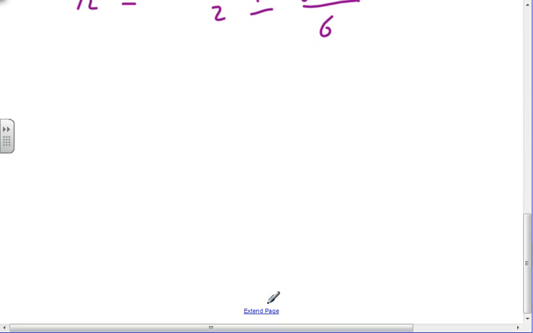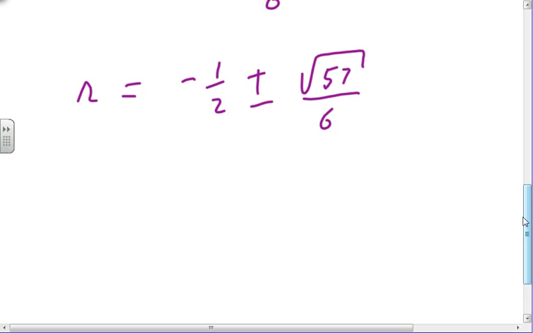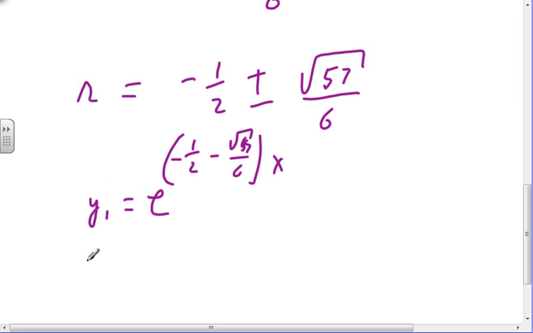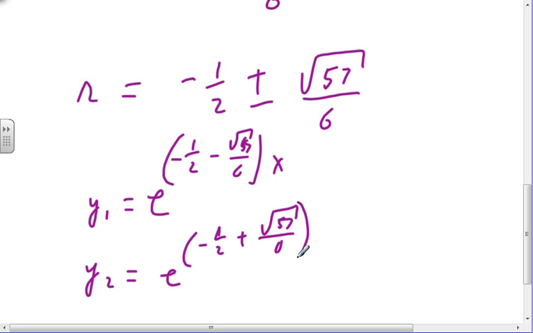So y1 can be e to the minus 1/2 minus the square root of 57 over 6 x, and the second could be e to the minus 1/2 plus the square root of 57 over 6 x.